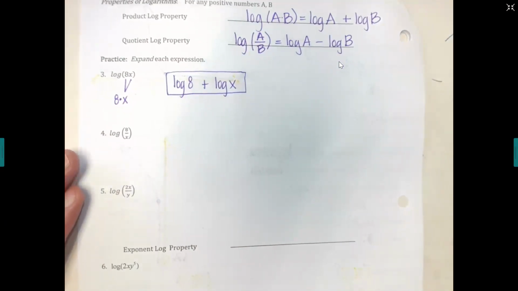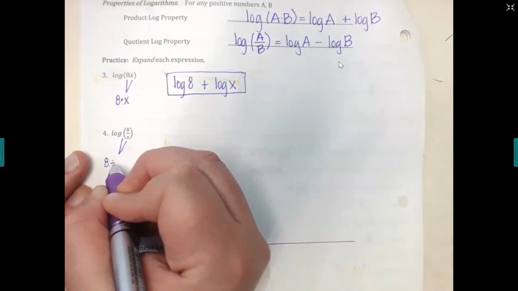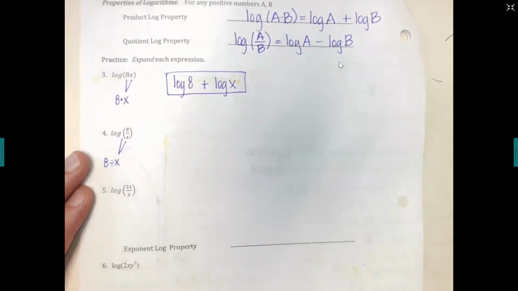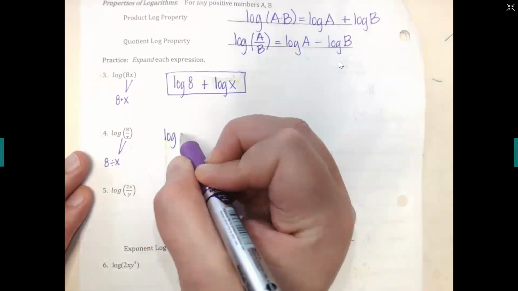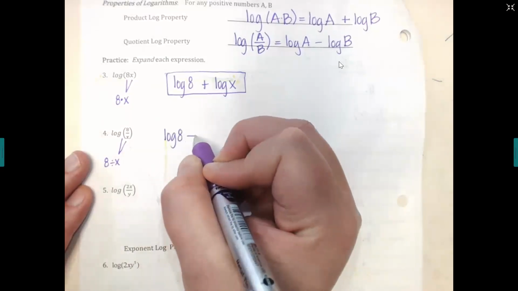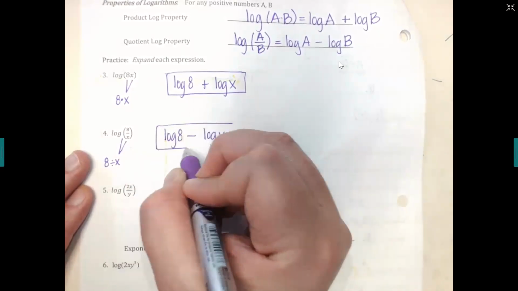Question number 4, you have 8 over X, that means 8 divided by X. And if 8 is divided by X, how can I split them into their own logs? Subtract, so log 8 minus log X.